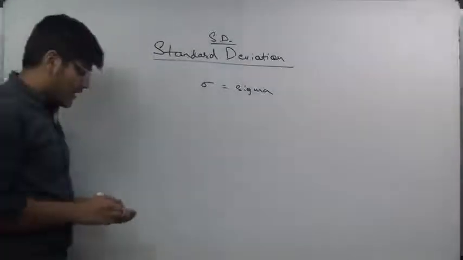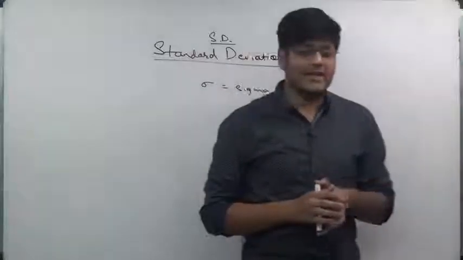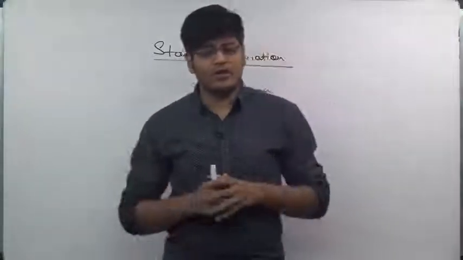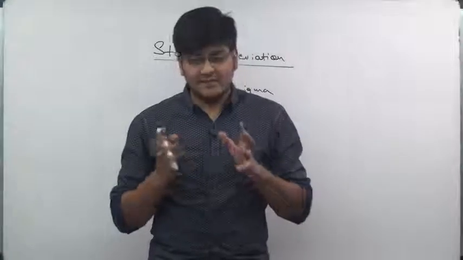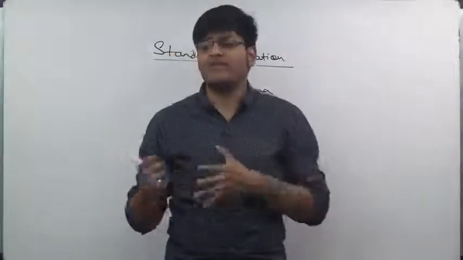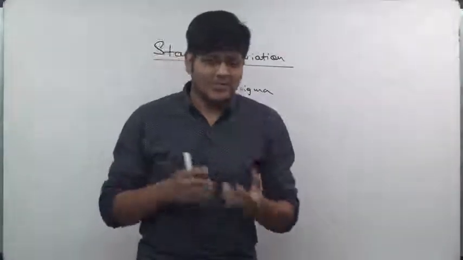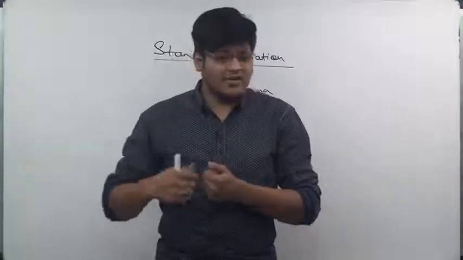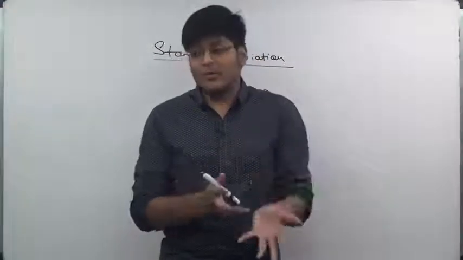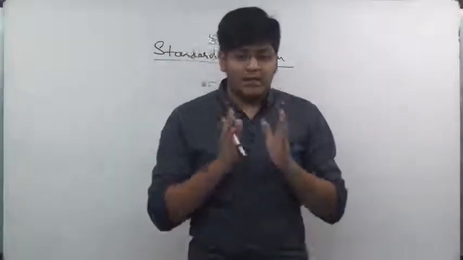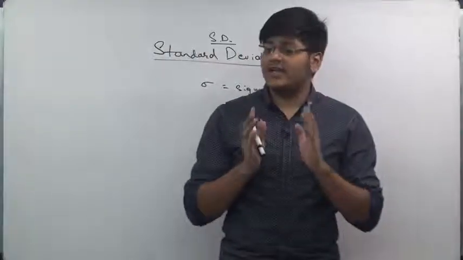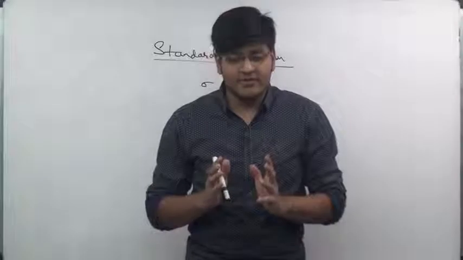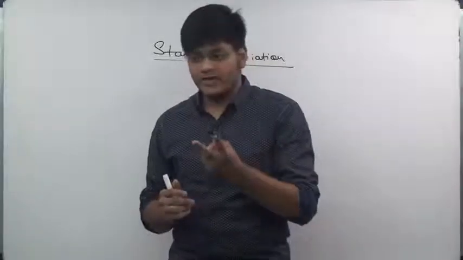Now there are a whole lot of formulas concerning standard deviation. Sometimes in a book 6 to 7 formulas are present: actual mean method, direct mean method, continuous series method, grouped method, ungrouped method. But there is a very short and easy way to get along with standard deviation with just 2 formulas.